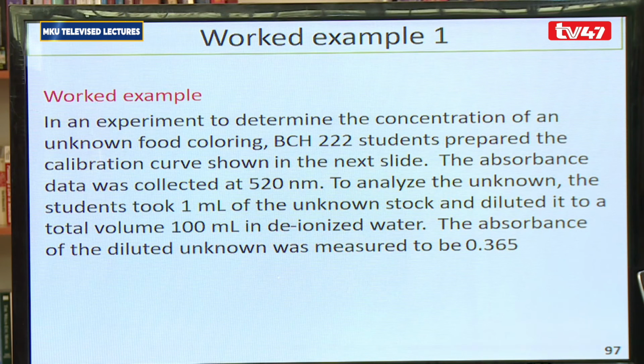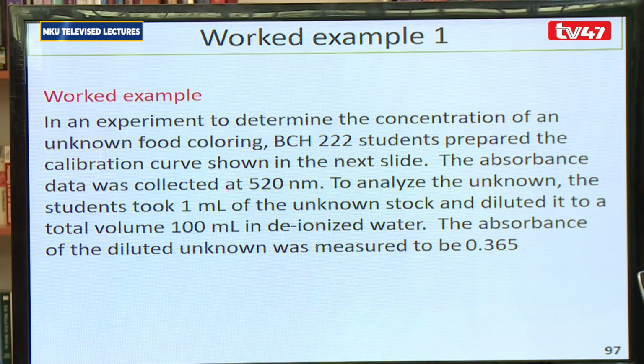Now we have looked at the Beer-Lambert law and how we can use it for quantitative analysis. Perhaps now we should look at some practical examples to understand the concept and the importance of the Beer-Lambert law. We start with an example where some students in a spectroscopy class prepared a calibration curve and collected absorbance data at a wavelength of 520.